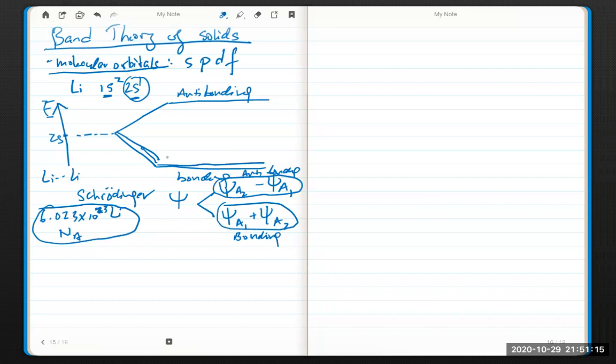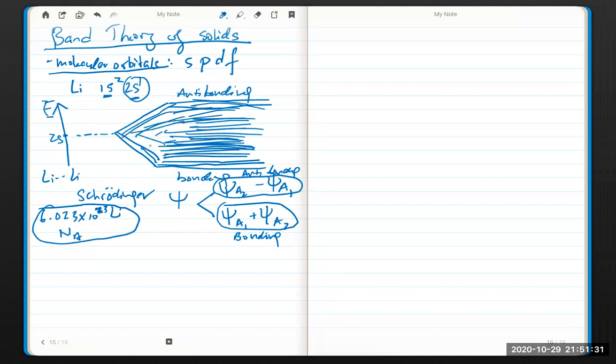That's another level there, and this one has another one, another one, another one. So there are lots of levels, which add up to Avogadro's number of levels.